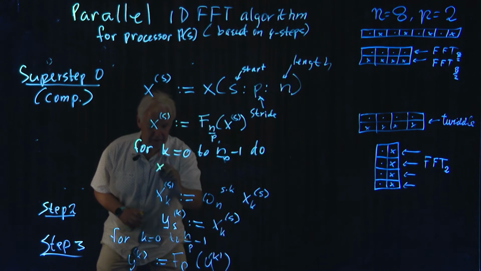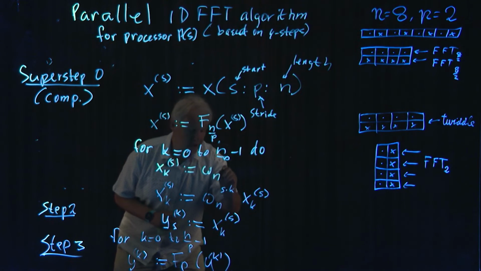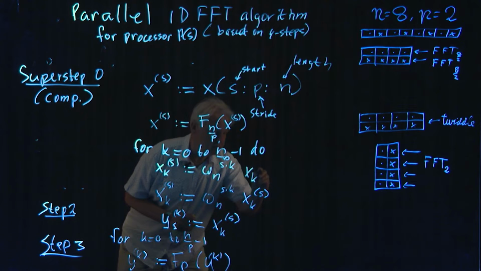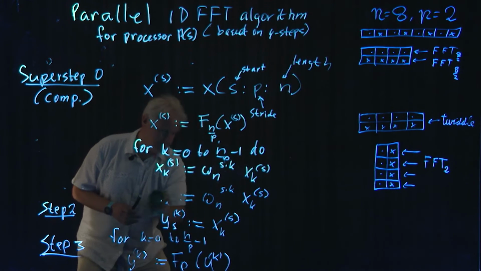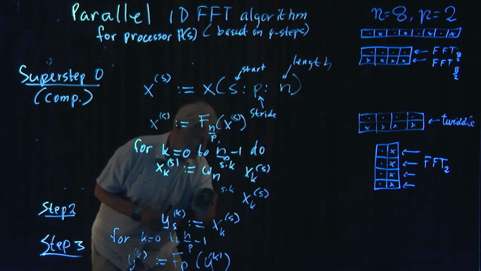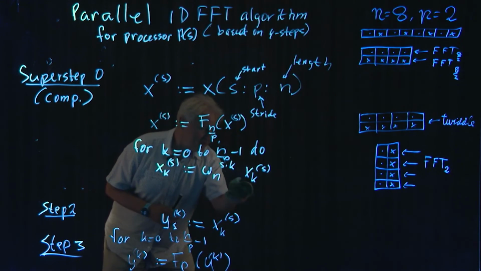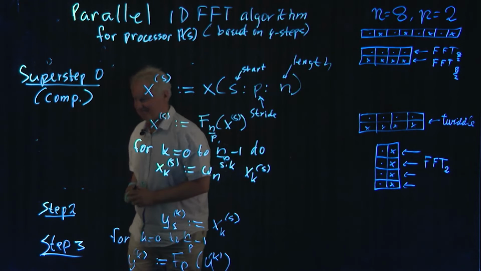And then we write here the twiddling, which is just multiplying by the appropriate omega factor. And then we are done with super step 0.